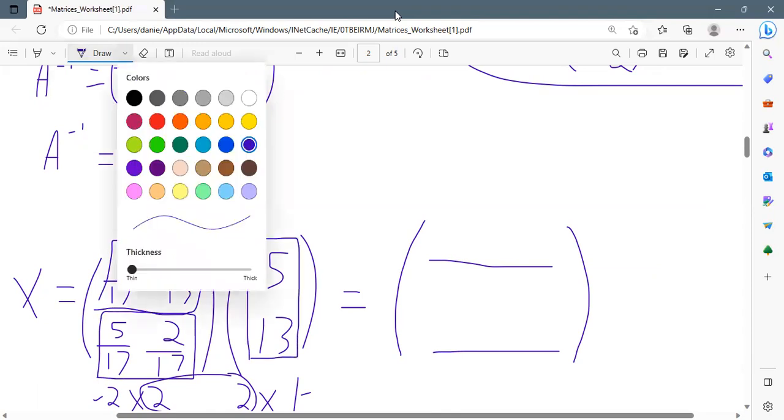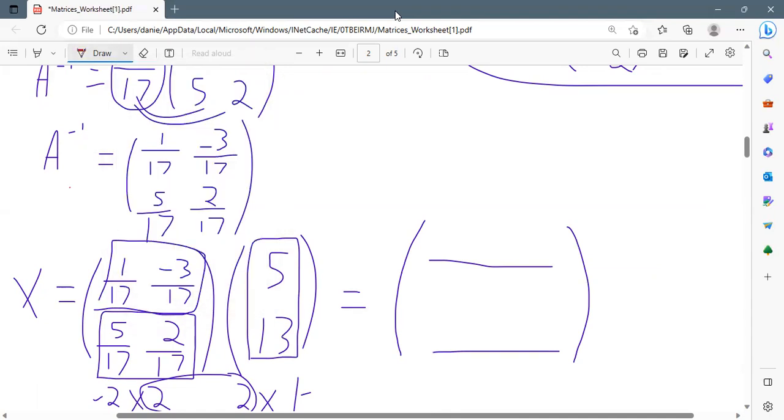So you're multiplying each number by its corresponding number. For the first row, 1 by 1 over 17 by 5 will be 5 over 17. And the second by the second is minus 3 over 17 by 13, so that'll be minus 39 over 17.